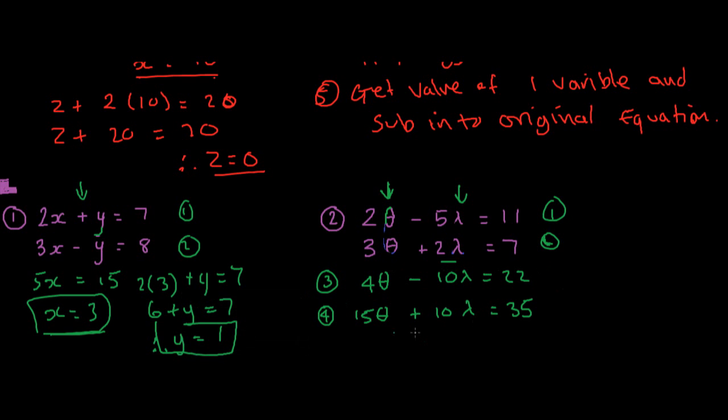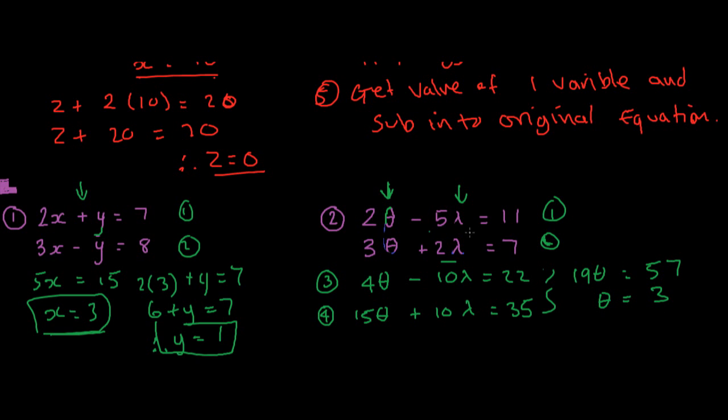Then you just do it on here, so signs same subtract, or signs different, so we add them together. So we have 19 theta equals, these 10 lambdas cancel out, 19 theta equals 57. So theta will equal 3. 57 over 19 gives you 3.